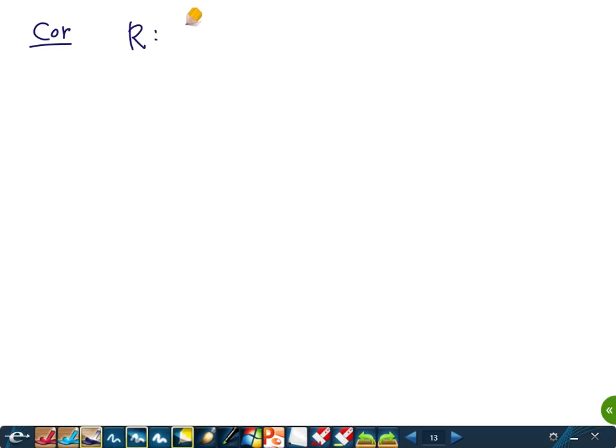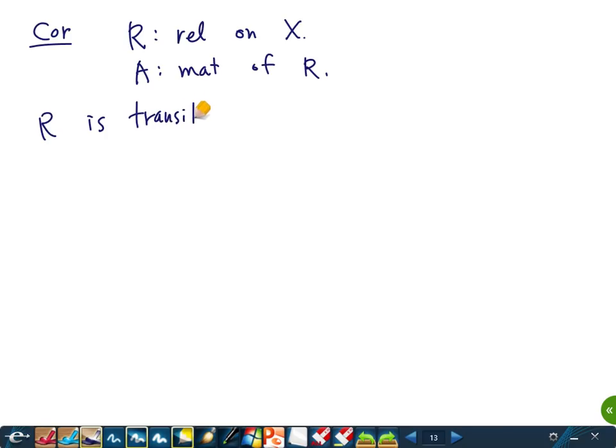R is a relation on X, and A is the matrix of R. Then R is transitive if and only if the following condition holds, the star condition.